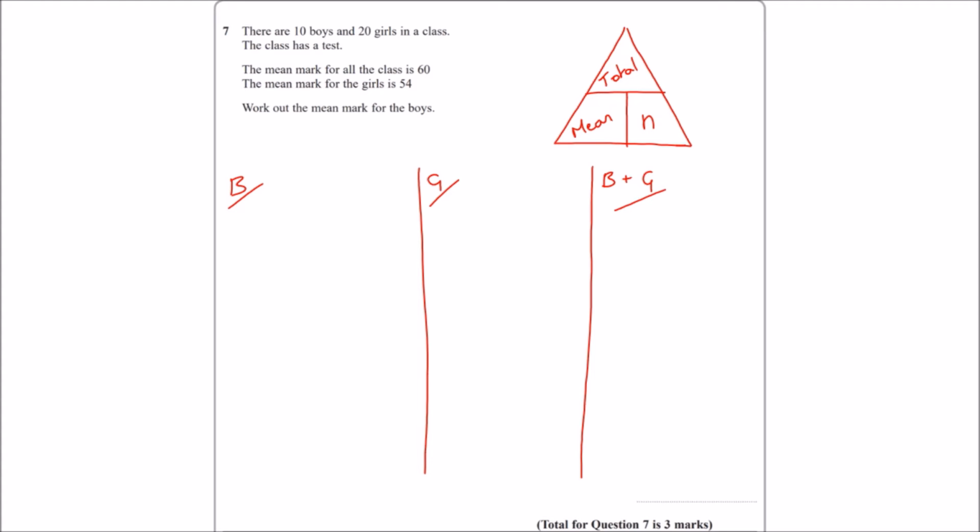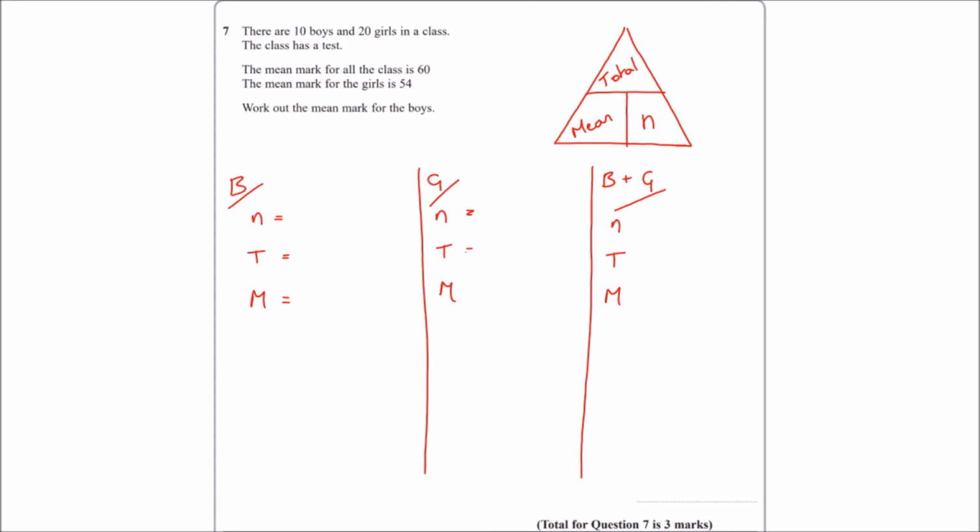Now to find the mean, I need either the total and n. So in each of these columns, I'm going to put n, t, and m.